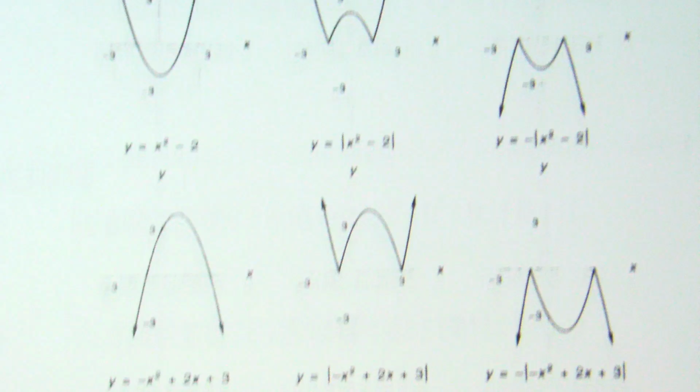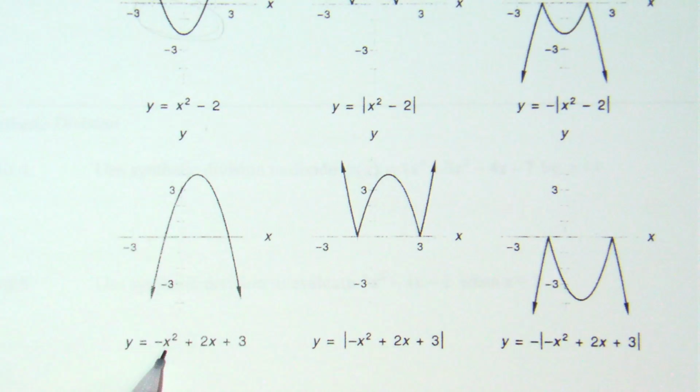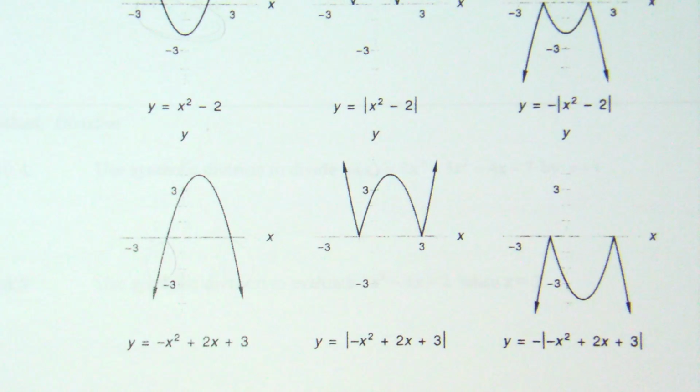We've got one more down here. This is an upside down parabola. I know it's an upside down parabola because it has a negative x squared. You take the absolute value of it. Now we're taking the two side pieces and flipping them up. You do the negative of the absolute value, it takes the whole thing upside down. So those are just helping you to understand how absolute value works, how to graph it by hand.